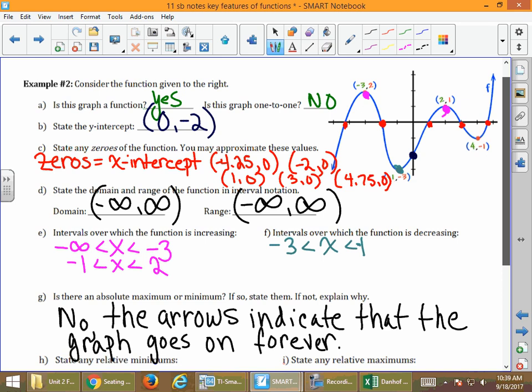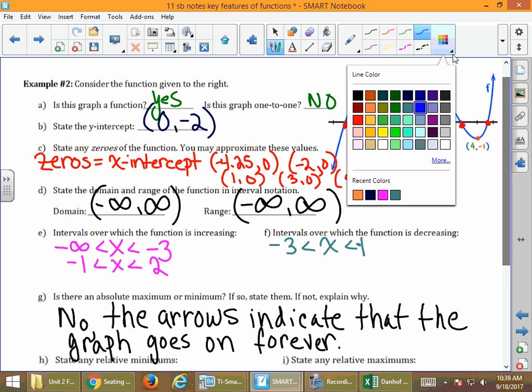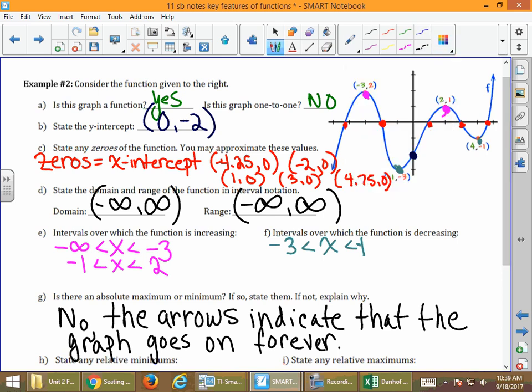But once we get to that second purple point, we start going down and down and down. And we have another sea blue point. This means that we're decreasing. We're decreasing from 2 is less than x is less than 4.